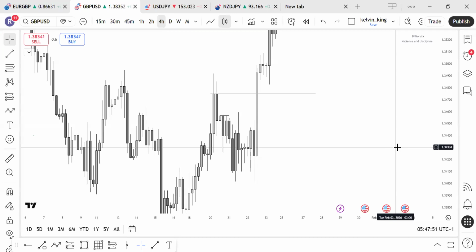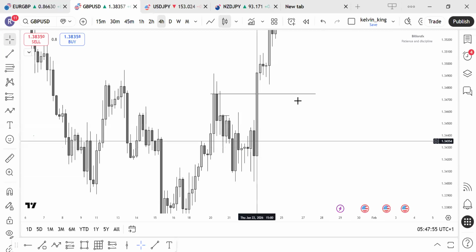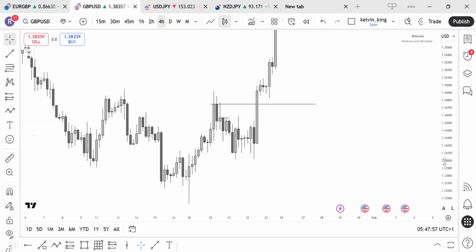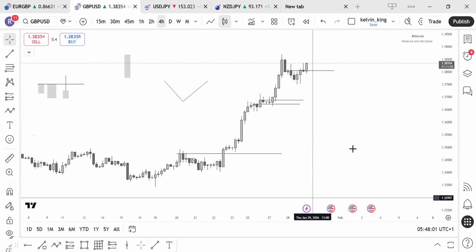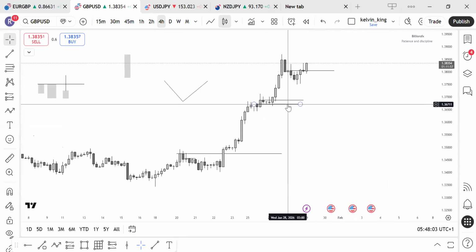So now, since this breakout here, all these breakouts that we mark here, all these ones, none of them have that third candle rejection. So in situations like this, since we are dealing with 4 hours, what should we do?